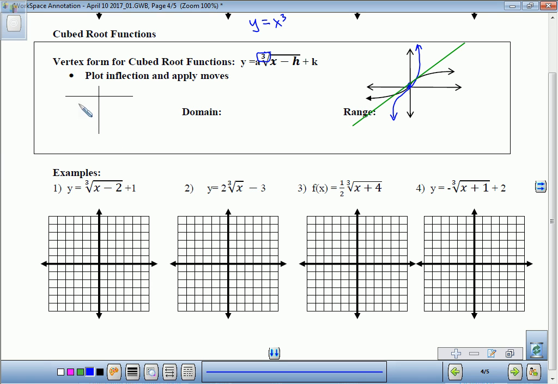Okay, great. 8, 1. Now the cool thing about this is we can also do negatives. You can take an odd root of a negative. An even root of a negative is imaginary. So this would be 2, 1, -1, -2.